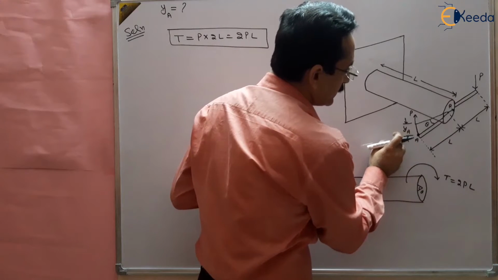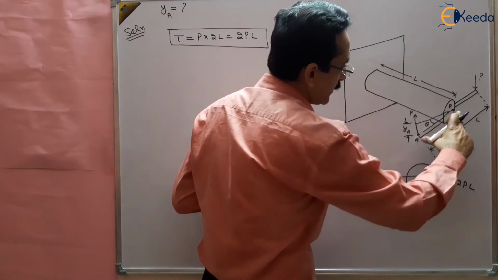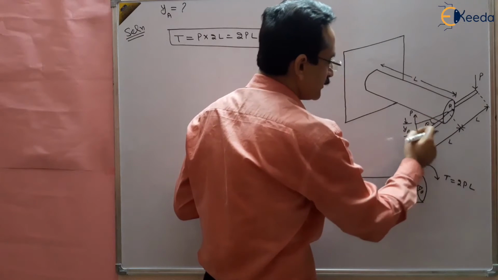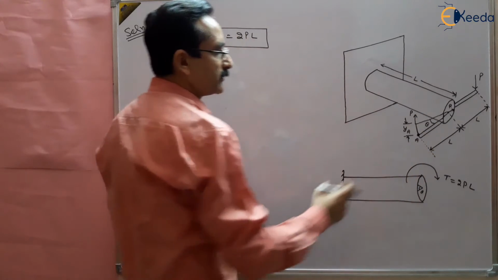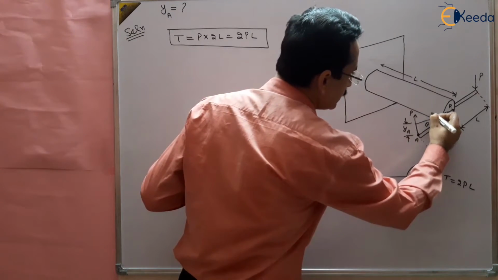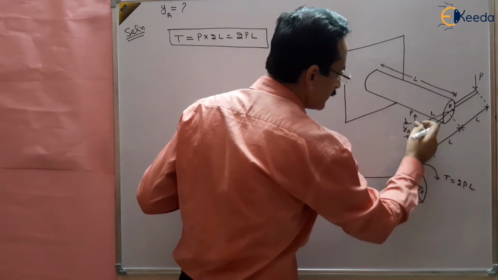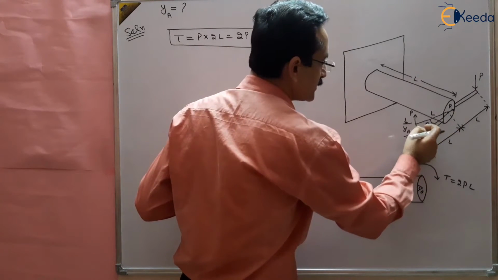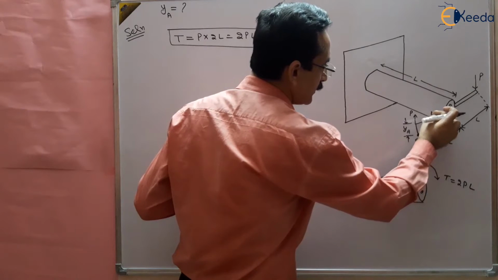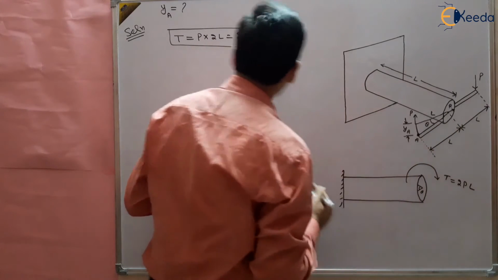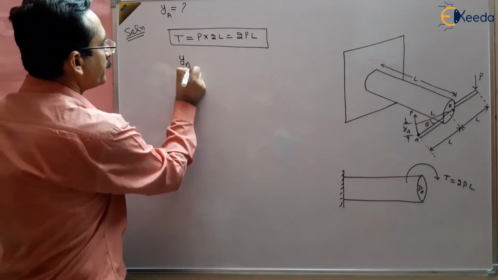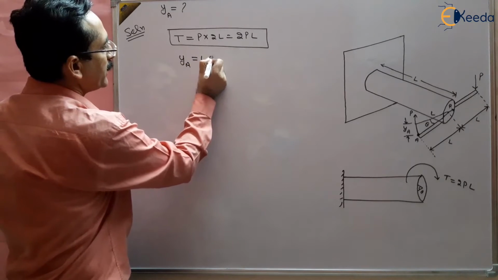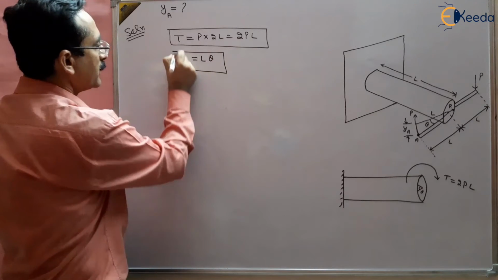What will be YA? We know S is equal to R theta. The length is L and this is a vertical deformation; there is only slight deformation, so we can neglect the curve. So YA will be given by L multiplied by theta.